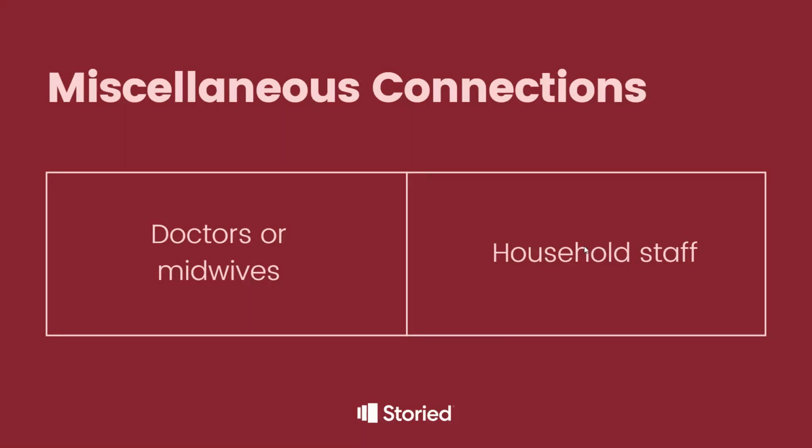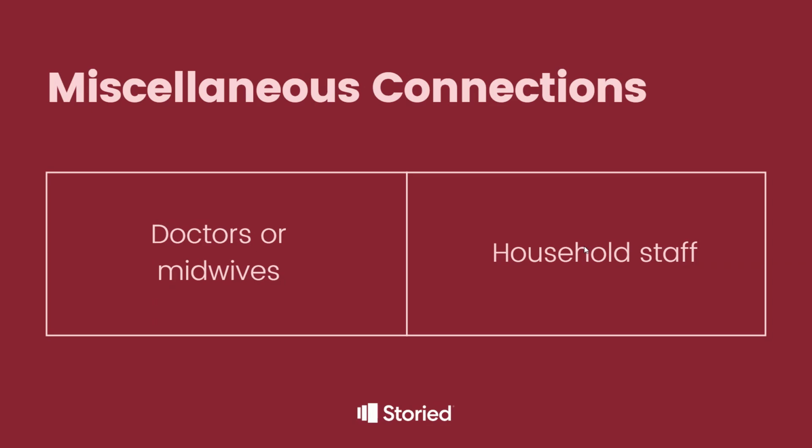Miscellaneous connections might be doctors or midwives, and even household staff. I've had some luck with some household staff. I actually found a picture that I had never seen before of my third great grandfather, and it was because it was staff that had been mentioned in a blog post that was part of his household staff.